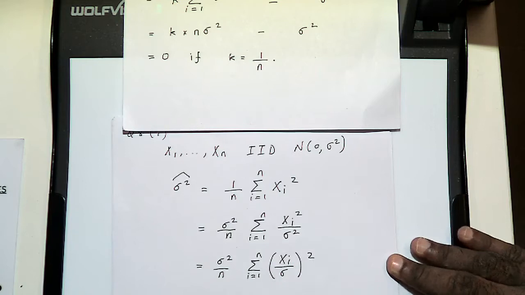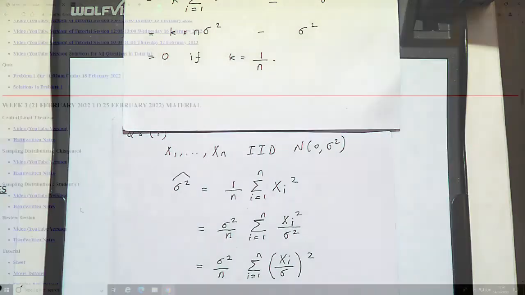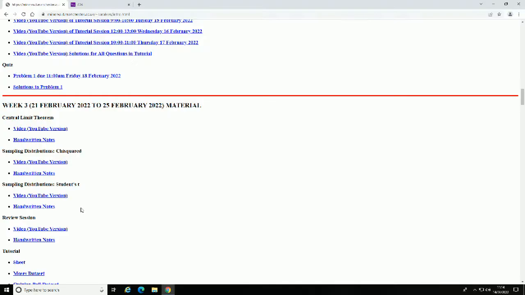You should go back to the course website. I don't know how to get this on, but let me see if it works. Come on. All right, you should go to the course website. We talked about sampling distribution.